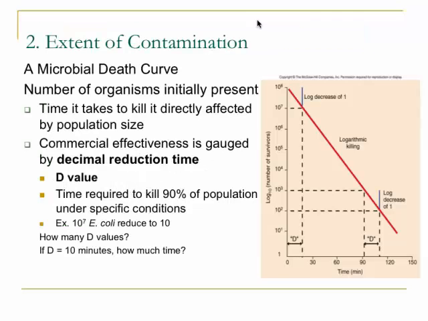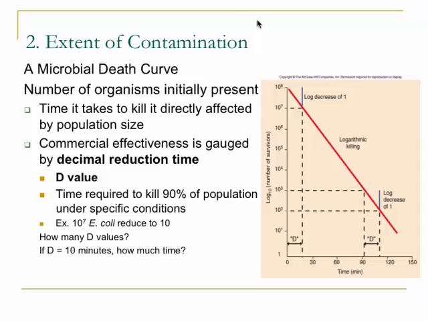So here's the next variable, the extent of contamination, how much of the microorganism is present, where you need to understand the nature of the death curve, how bacteria, for example, will die and at what rate.